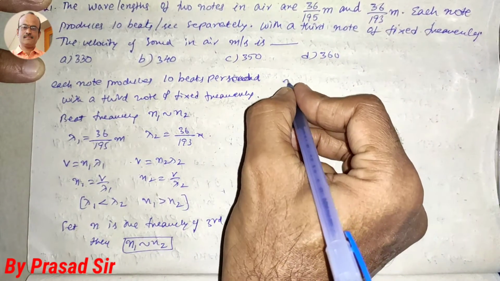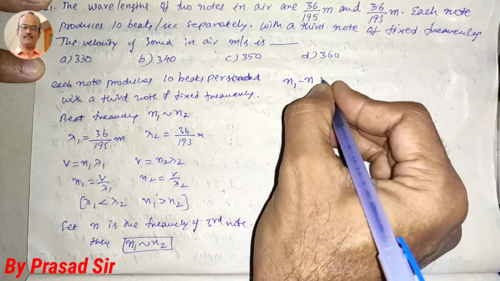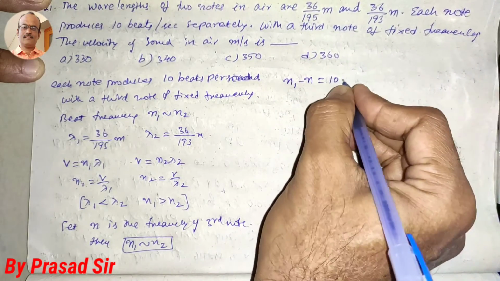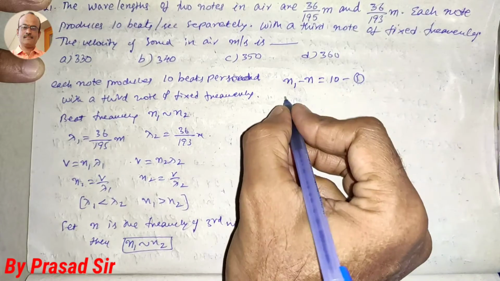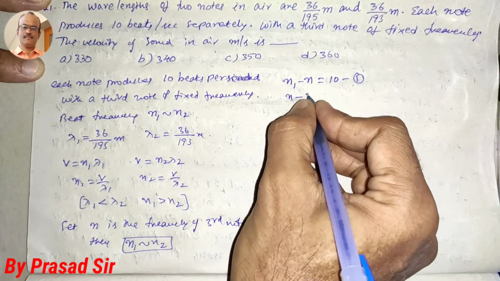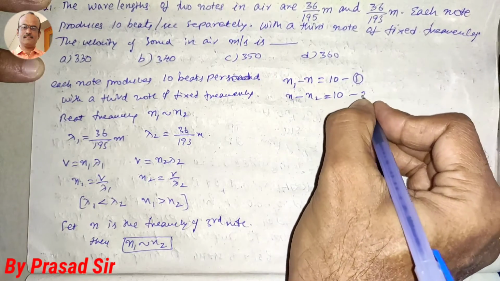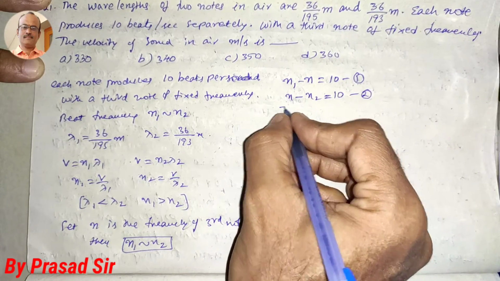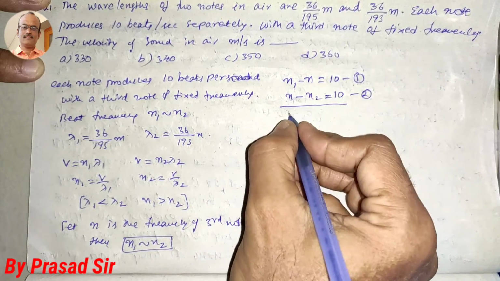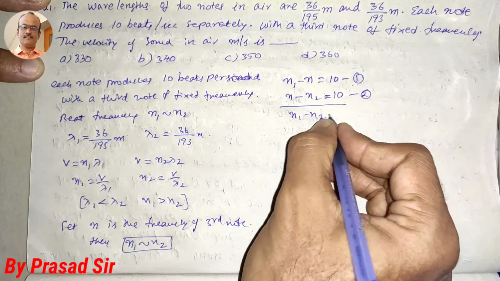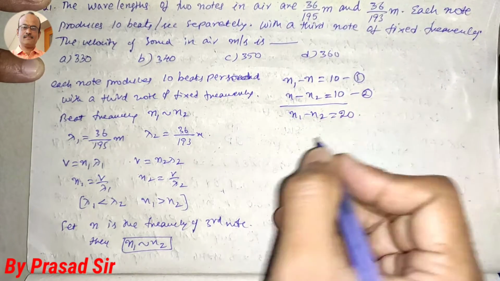Now I will write here n1 minus n is equal to 10, that is number 1, and n minus n2 is equal to 10, that is the second one. So by addition of these two, n gets cancelled, and n1 minus n2 is equal to 20.